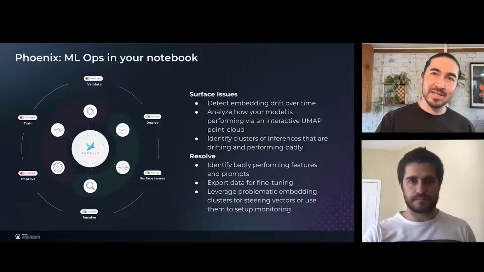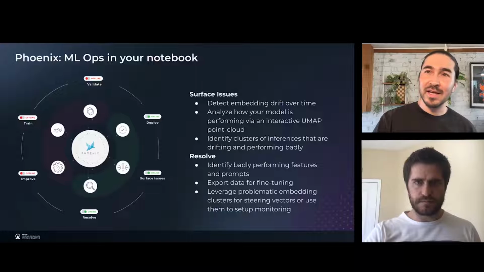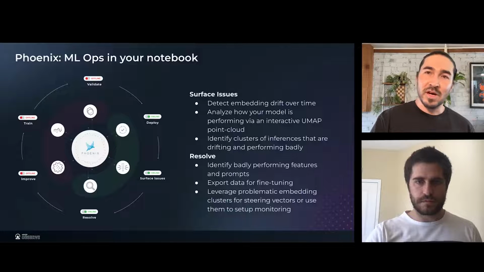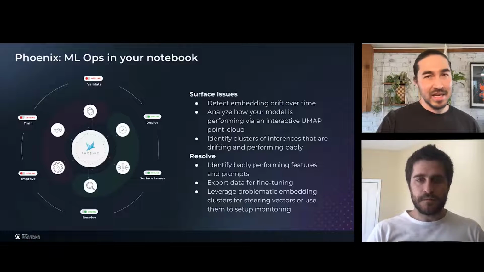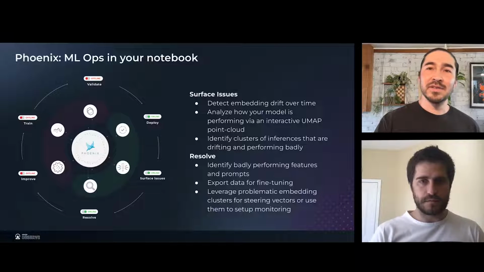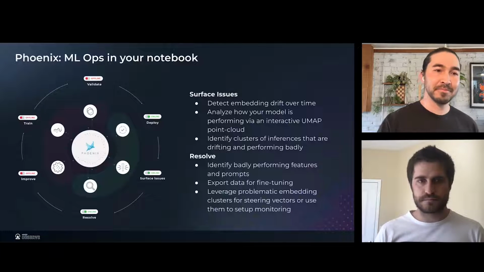We'll go into the details of this in a little bit. It also helps us identify clusters of inferences that are drifting and performing badly. Phoenix is also great for resolving problems. It identifies badly performing features and prompts. It allows you to export data for fine-tuning, and it helps you leverage problematic embedding clusters for steering vectors and to use them for monitoring.